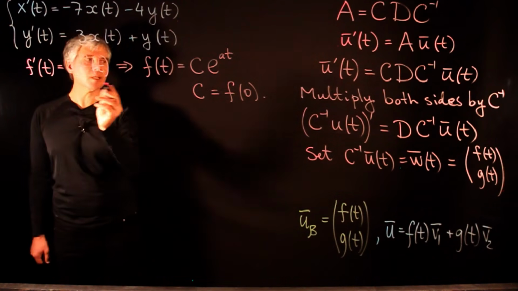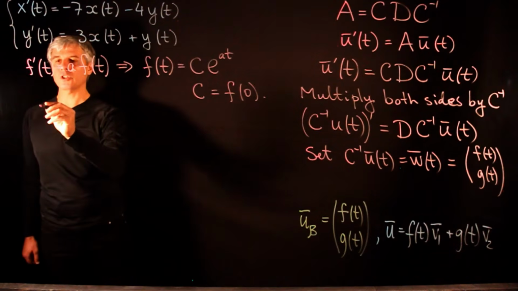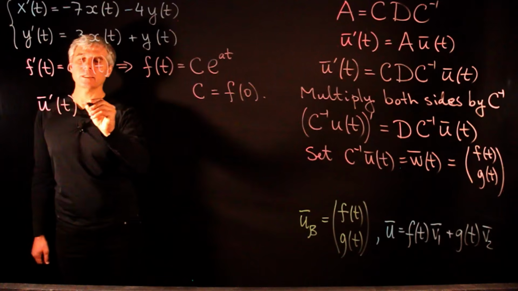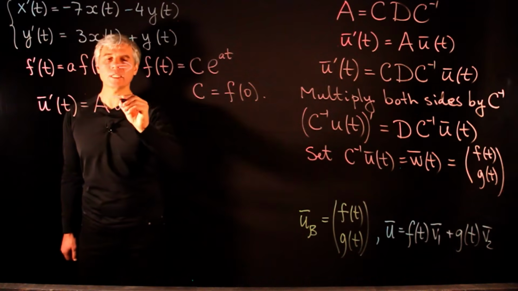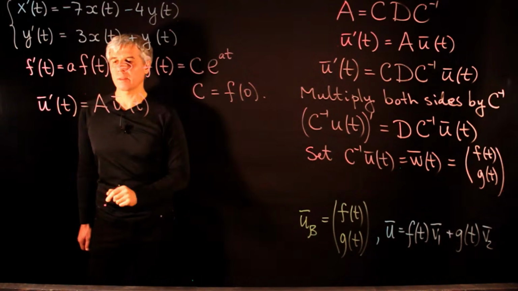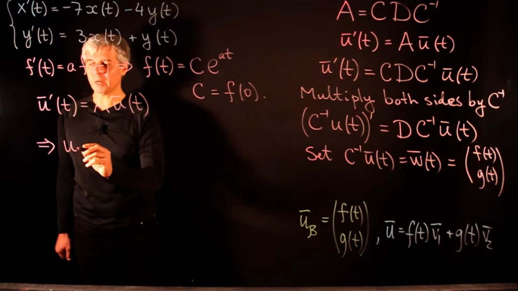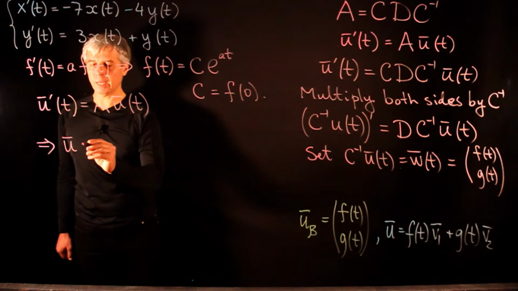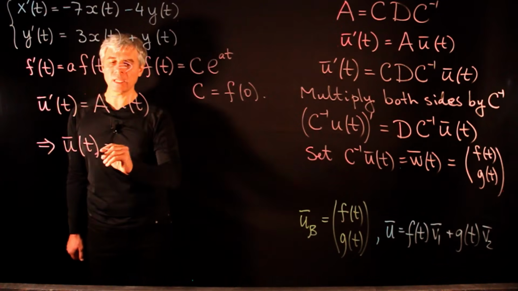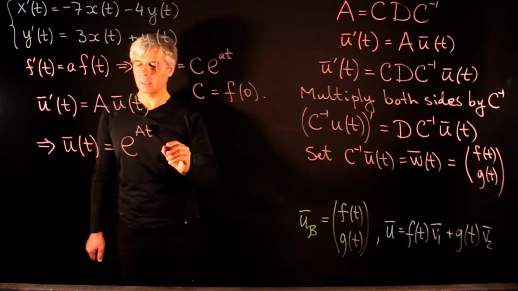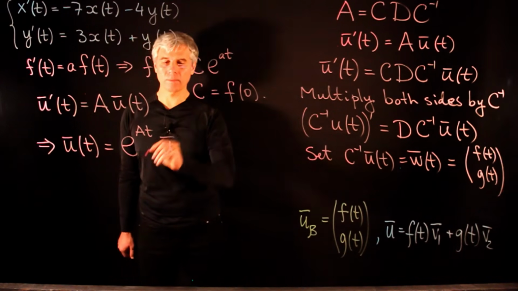Now let us generalize this to a vector situation. So we have u prime of t is equal to A u of t. Then we claim that the solution of this system of differential equations is given by u of t is equal to e to the At times u0.